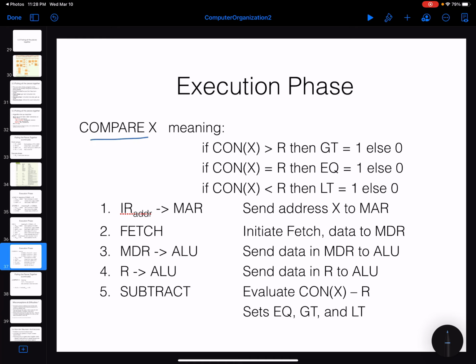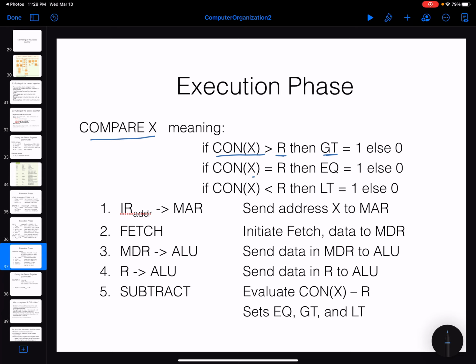This COMPARE x just basically means that you are comparing the value at the memory address x with the content of the register R. If it is greater than R, the GT register will be 1, the rest of registers will be 0.